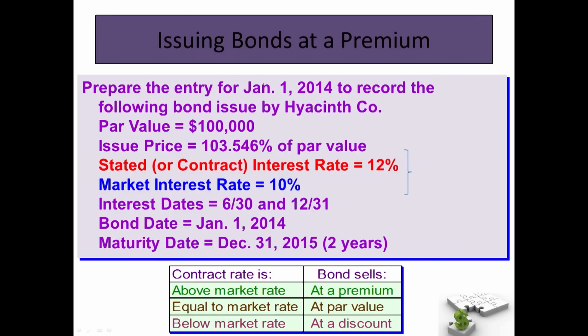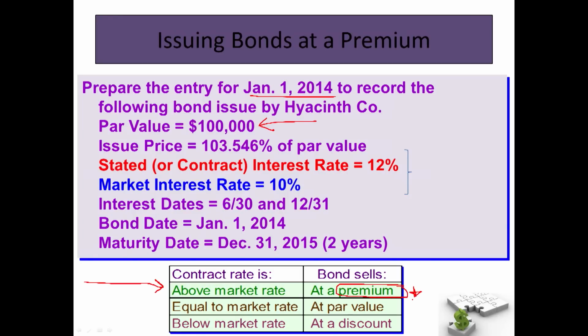Okay, we have a bond here issued on January 1 of 2014 for Hyacinth Company. The par value is $100,000. Now, jumping down to these contract and market rates. The contract rate is 12%. Yet the market rate is less than that. It's 10%. So we have this situation down here at the bottom. If the contract rate is above the market rate, we sell this bond at a premium.